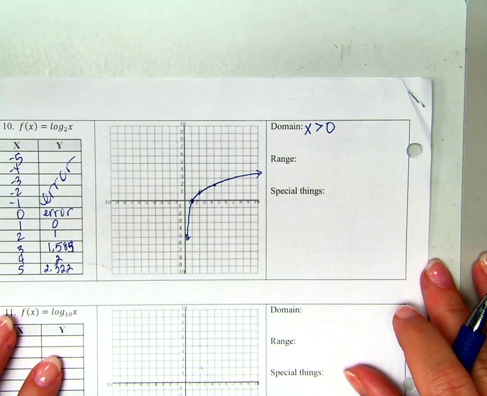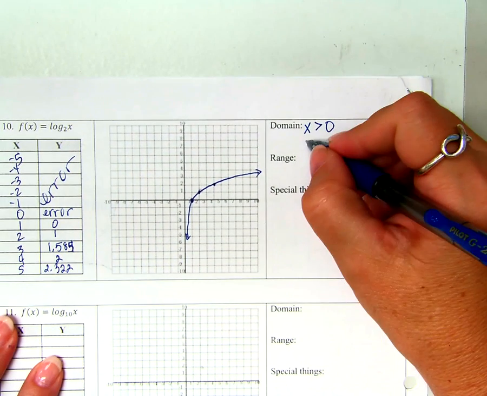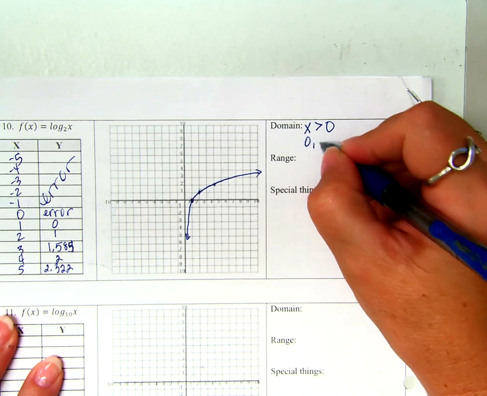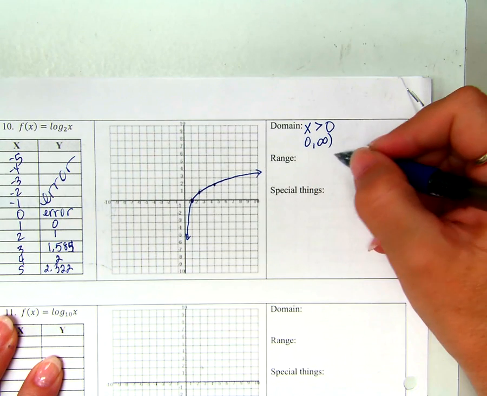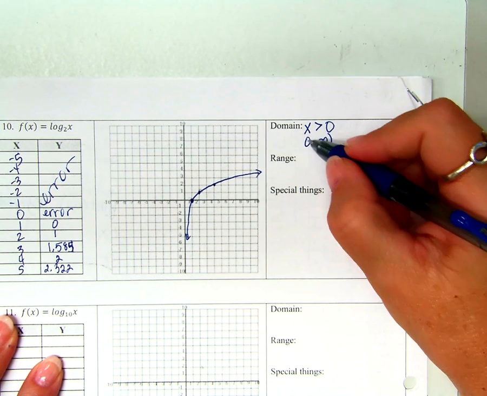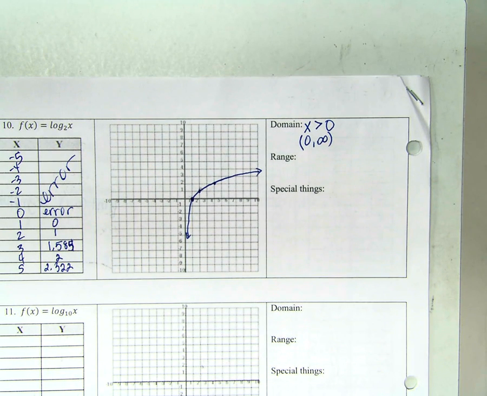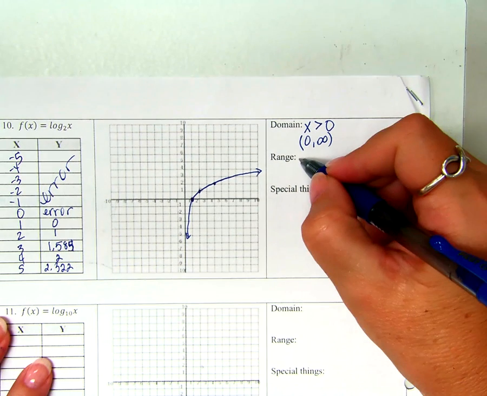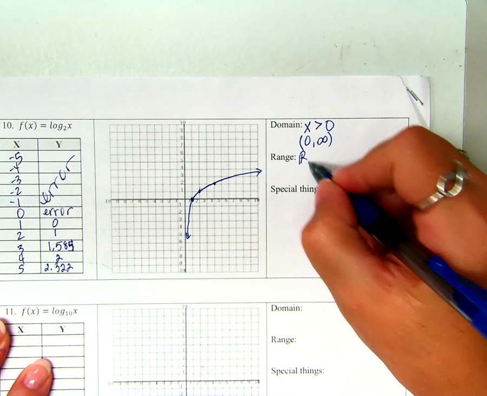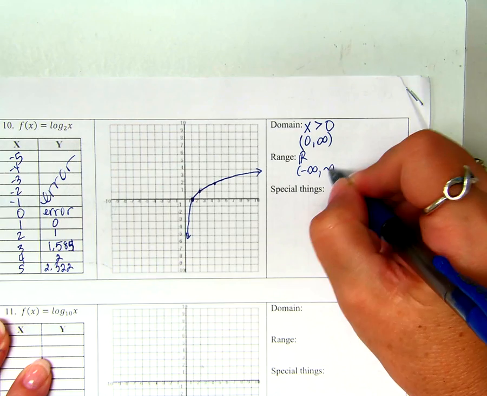What do you think the other way is? 0 to infinity. What's on the 0, though? A parenthesis. Good. What about the range? Really? Good. All real numbers? Negative to positive, right?